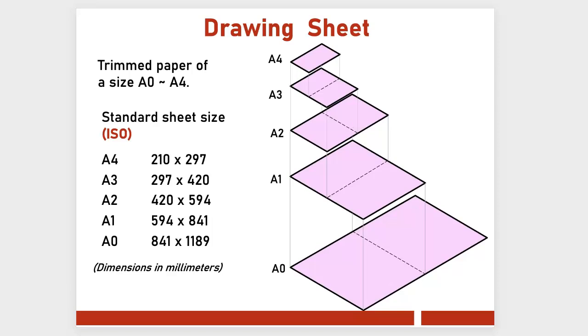We have A4, and A3 is twice that of A4, A2 is twice that of A3, A1 is twice that of A2, and A0 is twice that of A1. What we're going to use for this class is A4 and A3 drawing sheets on AutoCAD. These are the measurements in millimeters.